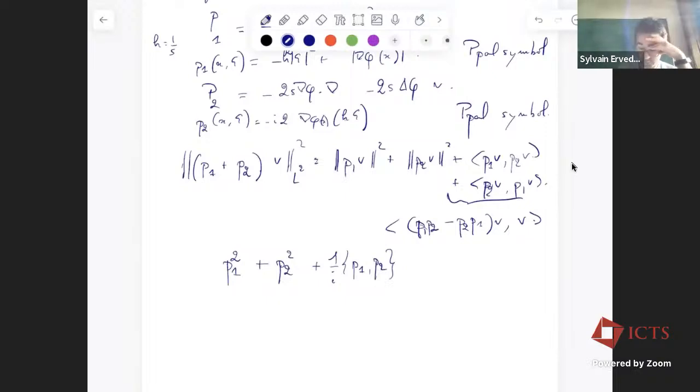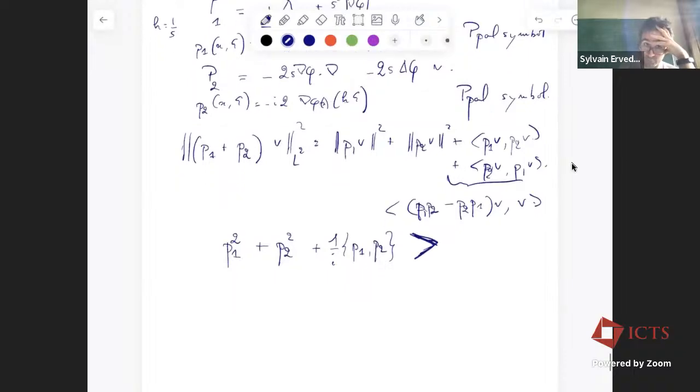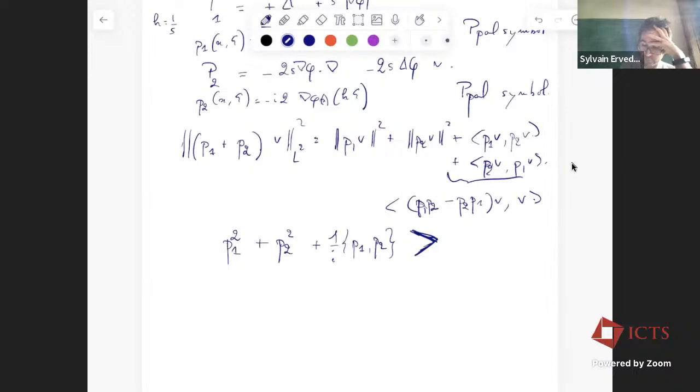Okay? And so what you want basically is that this guy has to be strictly positive. So I'm only giving the idea. So here it's a bit rough. Okay, so that it is strictly positive. In fact, I should say elliptic, as an operator in S psi.